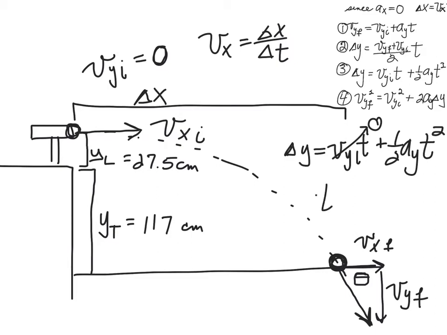And so when you solve for t, you get that t equals the square root of 2 delta y over ay. Plus or minus, of course, it's going to be the plus value. Okay, so now you can calculate the time.